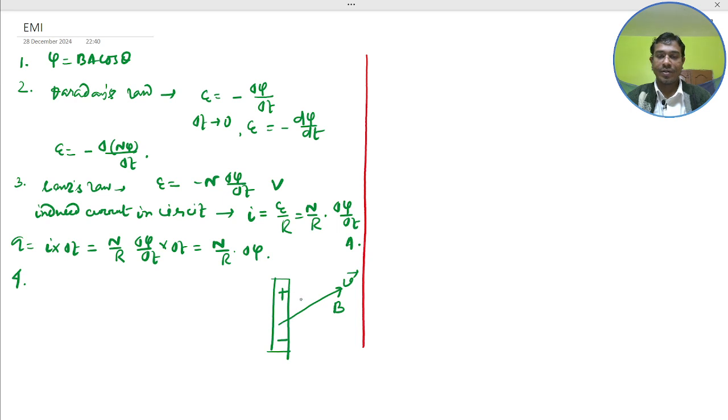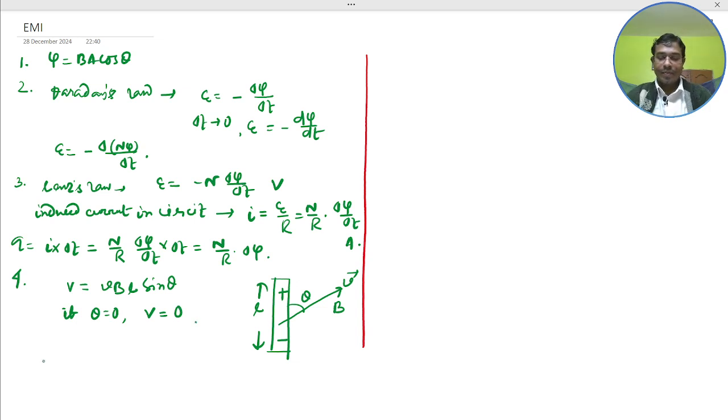This is the magnetic field at an angle theta, and this is the length L. So the induced EMF between the ends of the conductor is V equal to VBL sin theta, where the first V is the induced EMF and the second V is the velocity. If theta is 0, then the EMF is 0.